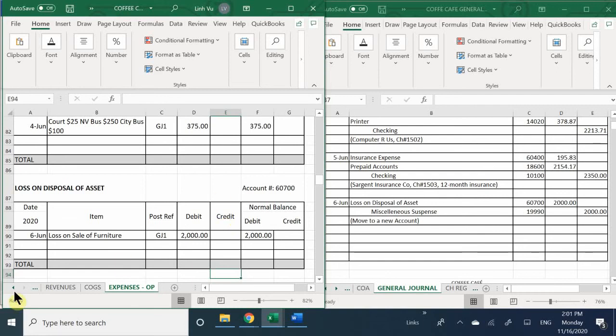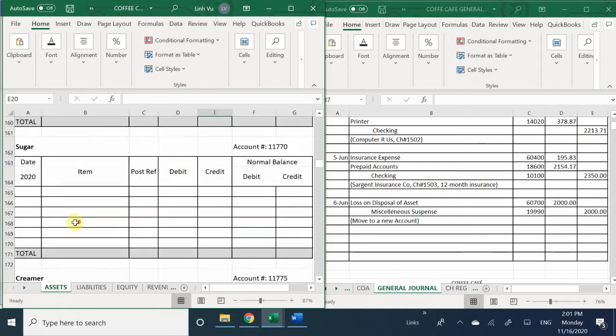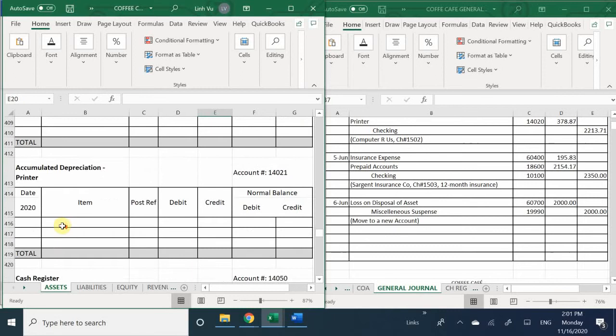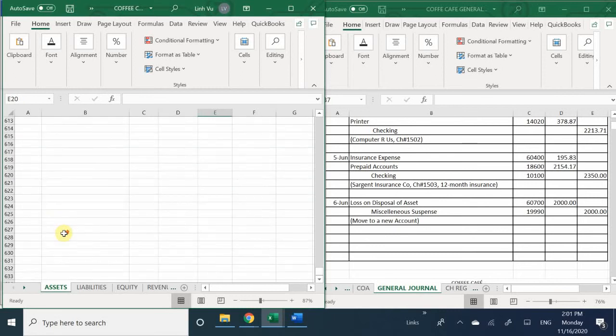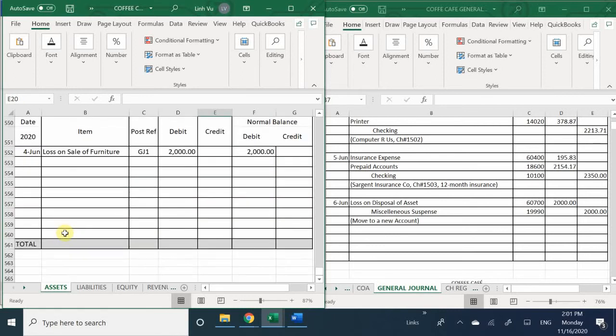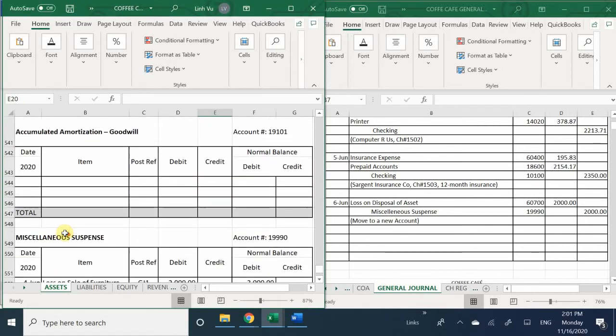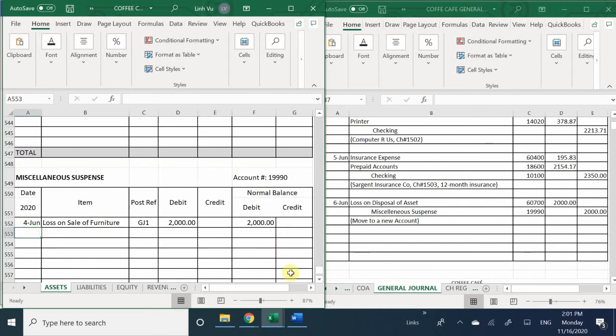So then now we have to go back to our assets and we're going to credit out our miscellaneous expense, which should be the very last account in your asset book. So here, miscellaneous expense is right here. I'm going to go ahead and place it here. My item is going to be moved to another account.